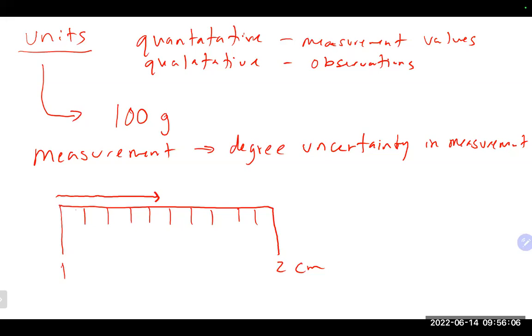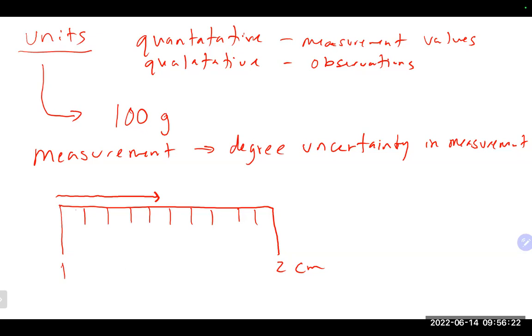When we take a reading, there are always 2 important things that you should look at when you are using any piece of equipment. And that's what the major markings are on it and what the minor markings are on the piece of equipment.